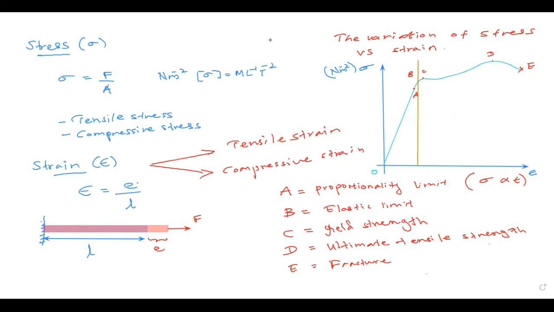The left side of this orange line we call the elastic region, or elastic deformation. And this side is plastic deformation.